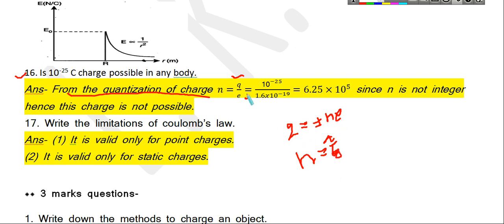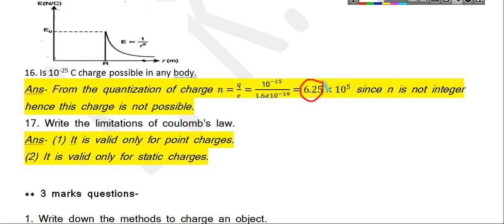Now putting the values Q 10 to power minus 25, e 1.6 into 10 to power minus 19 coulomb, if we divide it, we get 6.25 into 10 to power minus 7. 6.25 is not an integer, so 10 to power minus 25 coulomb charge on a body is not possible. This value must be an integer.